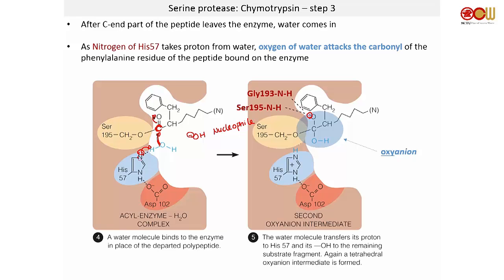Okay? You generate the oxyanion again. And you use the same glycine 193 and the serine 195 to stabilize the oxyanion transition state. So you stabilize the oxyanion. You now have, again, a tetrahedral intermediate oxyanion right there.